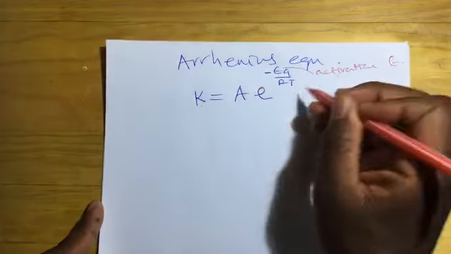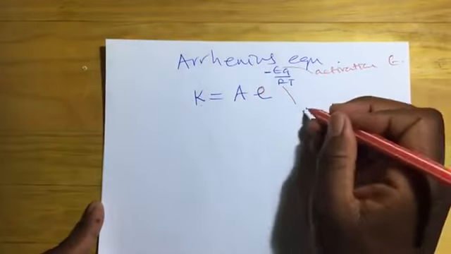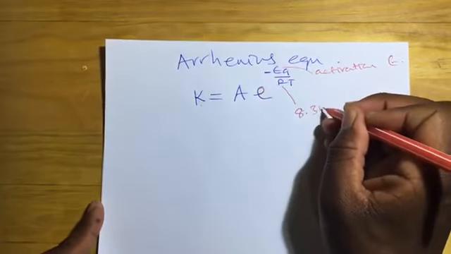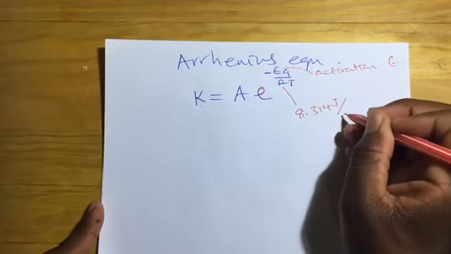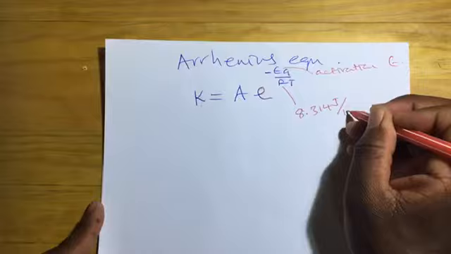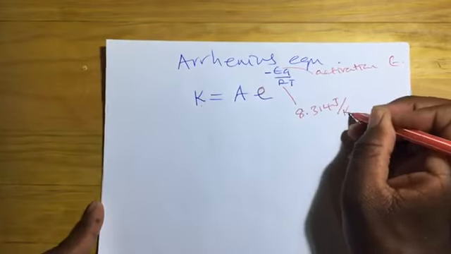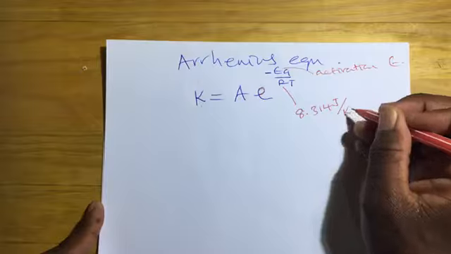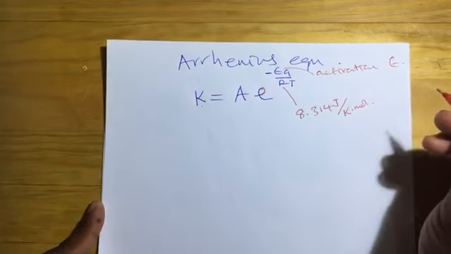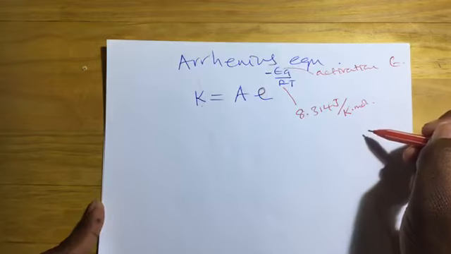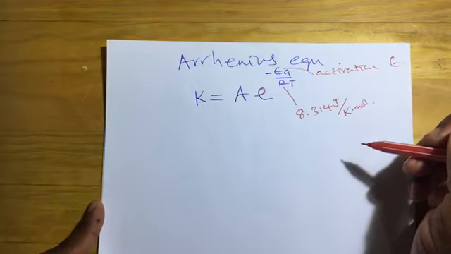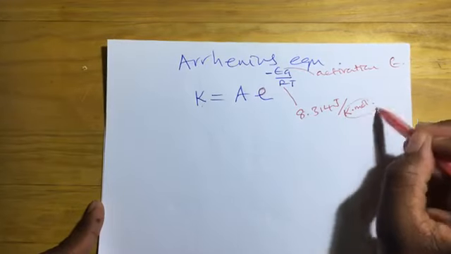Ea is what we call activation energy. R is going to be 8.314 joules per kelvin mole. Anyway, I can't remember the units here.